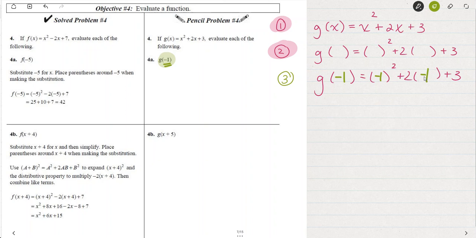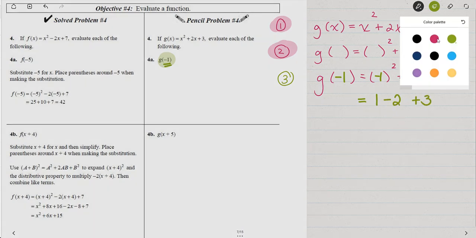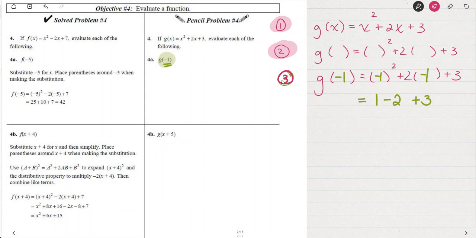So g of negative 1 is equivalent to the square of negative 1, which is 1, plus 2 times negative 1, plus 3. And then the last step is going to be to simplify.